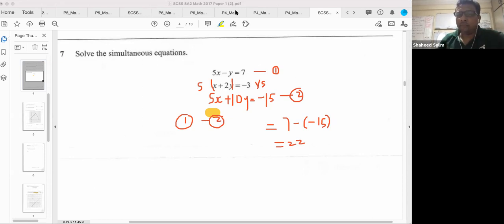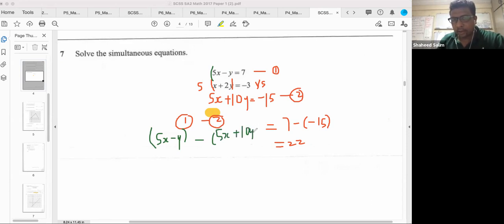Then down here, you can put it in brackets if you do not want to be confused: 5x minus y, bracket, minus 5x plus 10y.